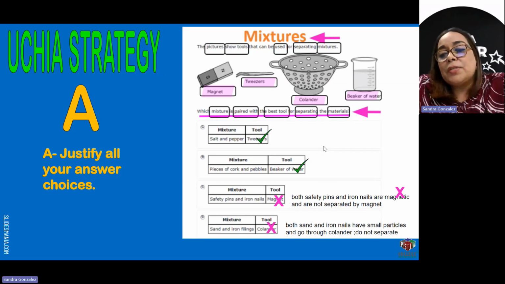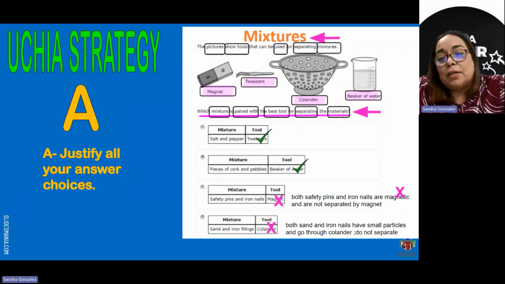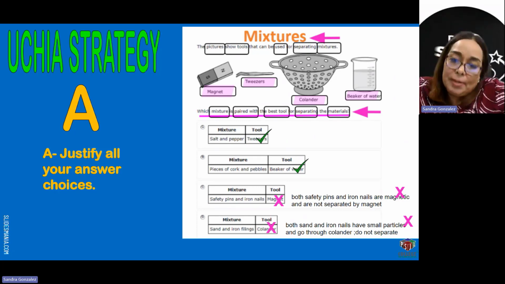Both sand and iron filings have small particles, and will go through the colander, and they do not separate. So now that we've X'd out C and D, that leaves us with A and B.